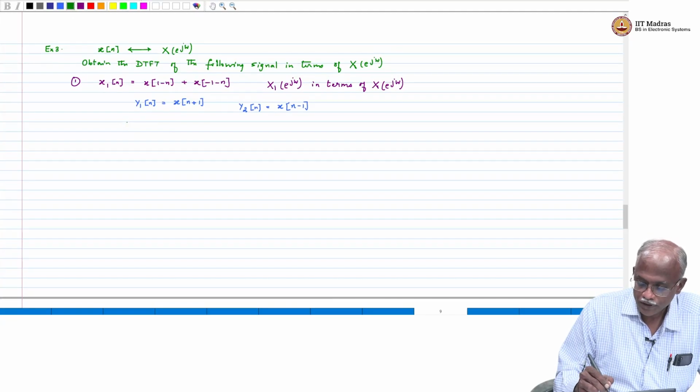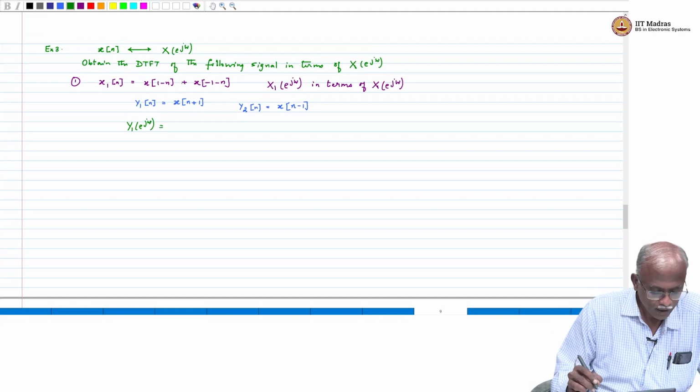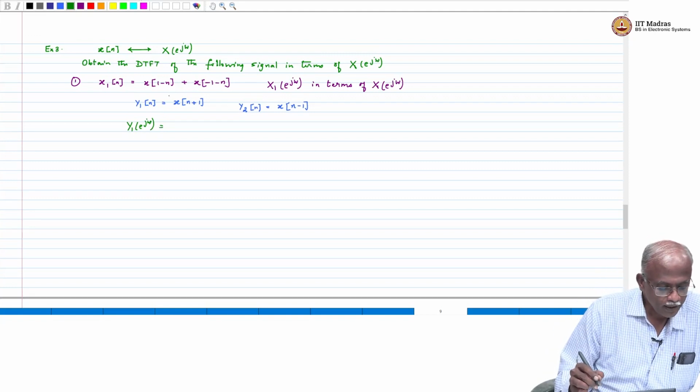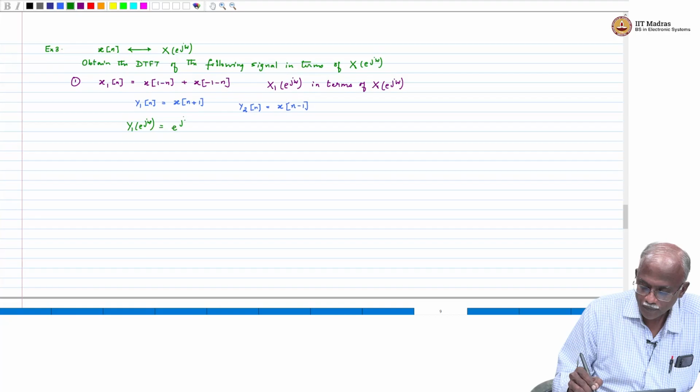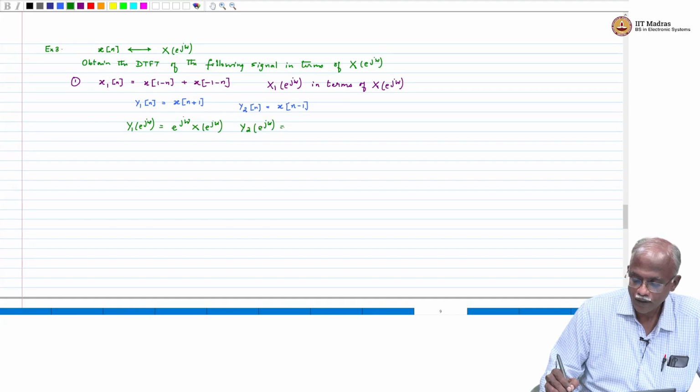what is y1 e of j omega? y1 e of j omega will be e of j omega x e of j omega, correct? Similarly, y2 e of j omega will be e power minus j omega x e of j omega.